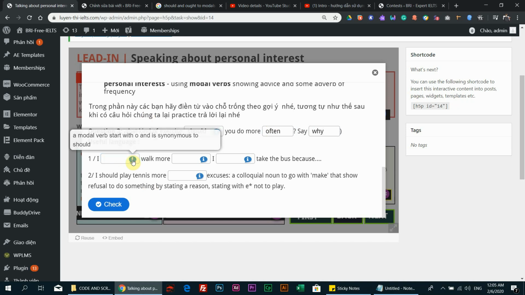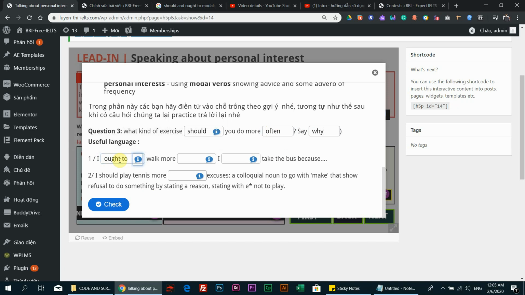Okay, here's the tip. Synonymous to should, so ought to. I ought to walk more often. Is it often? No. Oh, this marker starts with B to show contradictions. Alright, so because we have another clause here, we have but. I take the bus because, okay.